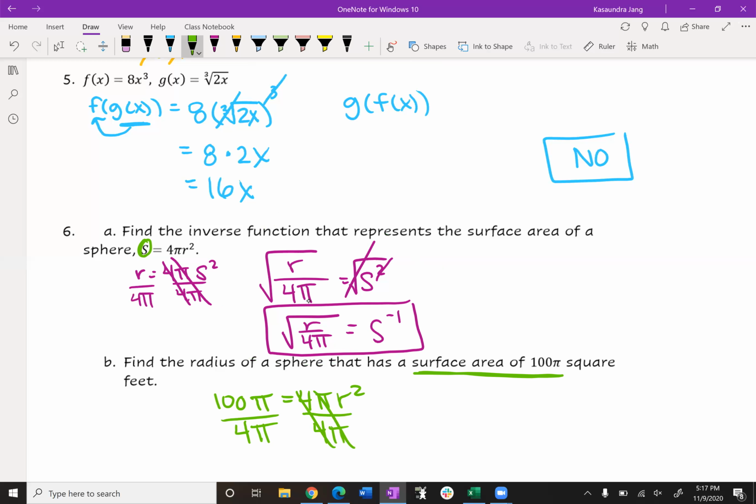The pi's divide out. I'm down to 25 equals r squared. And I will take the square root on both sides, very similar steps here, to get the r by itself. The square root of 25 is 5. So it looks like the radius, the r, is 5, and we were talking square feet, so in terms of feet, we're talking 5 feet for the radius as far as the units go.